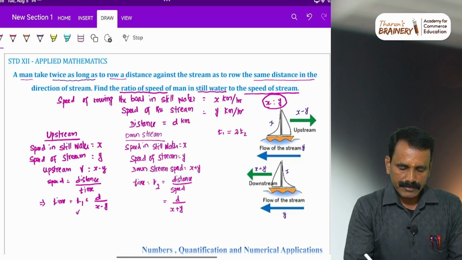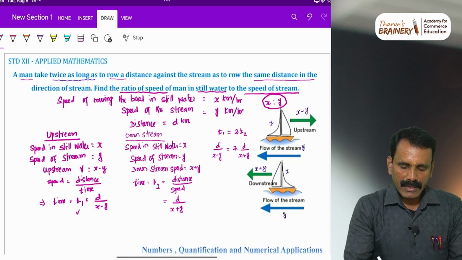So we substitute: d divided by x minus y is equal to 2 into t2, which is d divided by x plus y. We can cancel d on both sides, so we get x plus y is equal to 2 into x minus y.